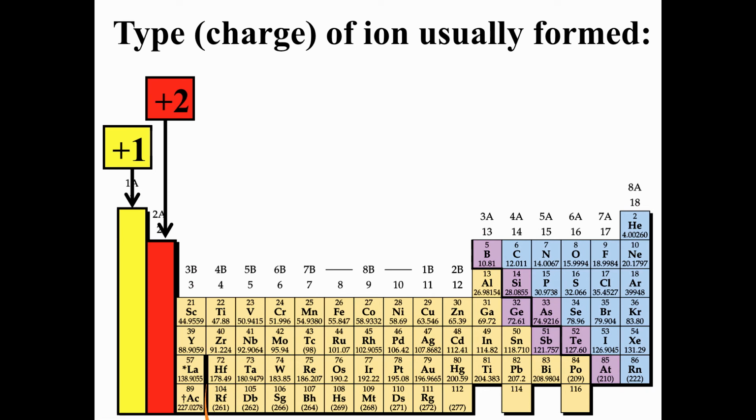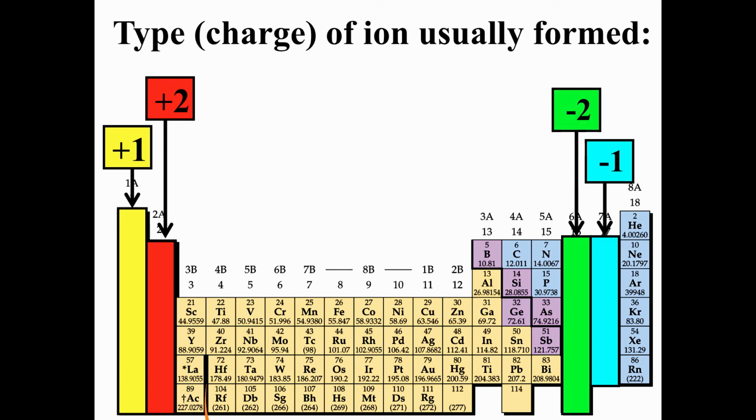The alkaline earth metals are 2 electrons more than the previous noble gas, and they're very likely to lose 2 electrons and thus form a +2 charged ion. On the other side of the periodic table, the halogens are 1 electron short of a noble gas, and so they are pretty likely to gain an electron and make a -1 ion.